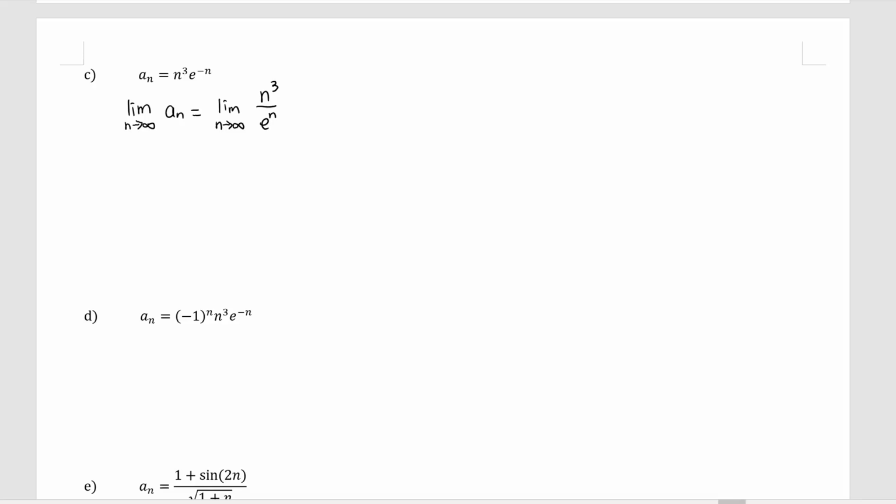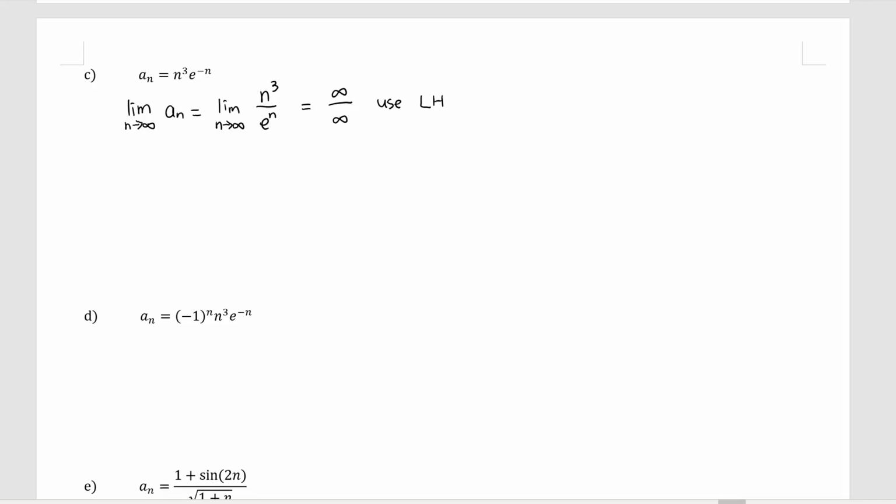Do you remember how we can find the limit of n cubed over e to the n? What happens when n goes to infinity? The numerator goes to infinity, and the denominator, e to the infinity, is also infinity. So when we have infinity over infinity, we use what?